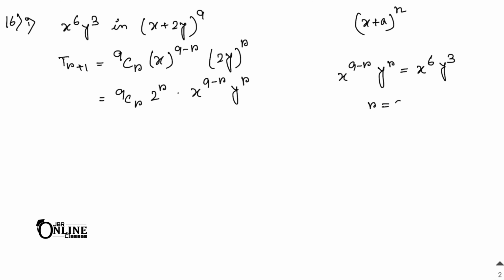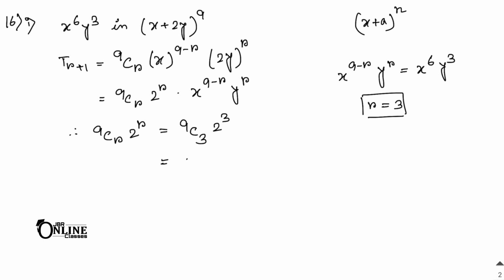That means from that one r equals 3. So if r equals 3, then you can easily find out the coefficient, and your coefficient will be 9Cr 2 to the power r. So 9C3 and then 2 to the power 3.